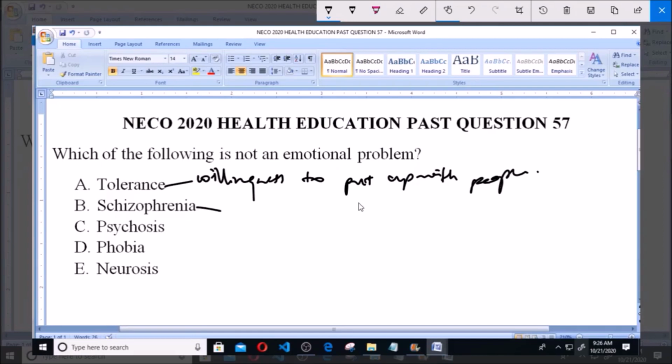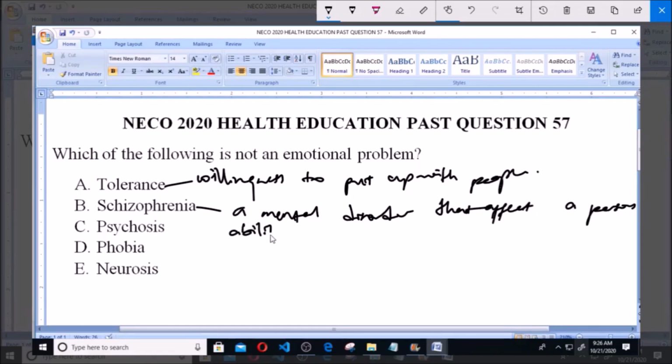Schizophrenia is defined as a mental disorder that affects a person's ability to think, feel, and behave. So therefore it's an emotional problem.